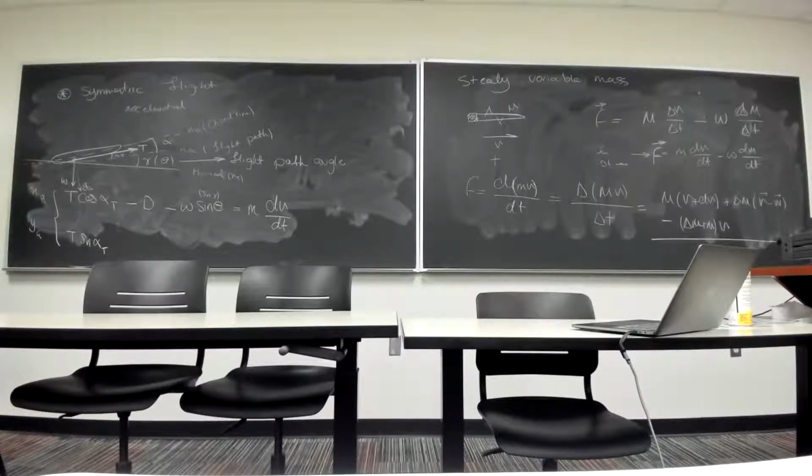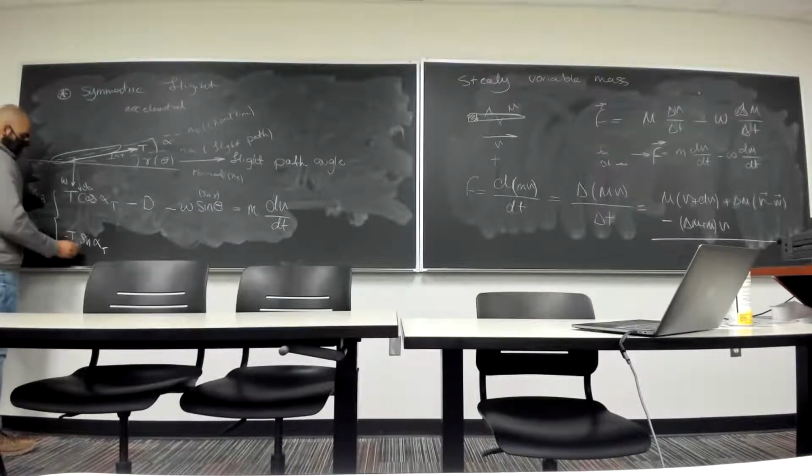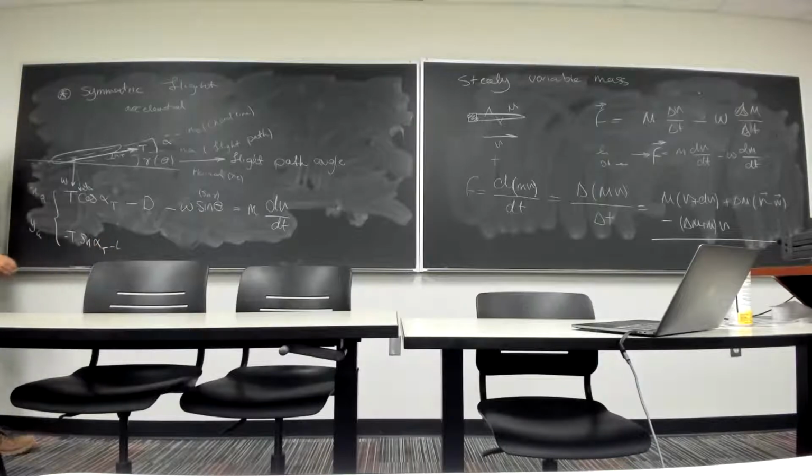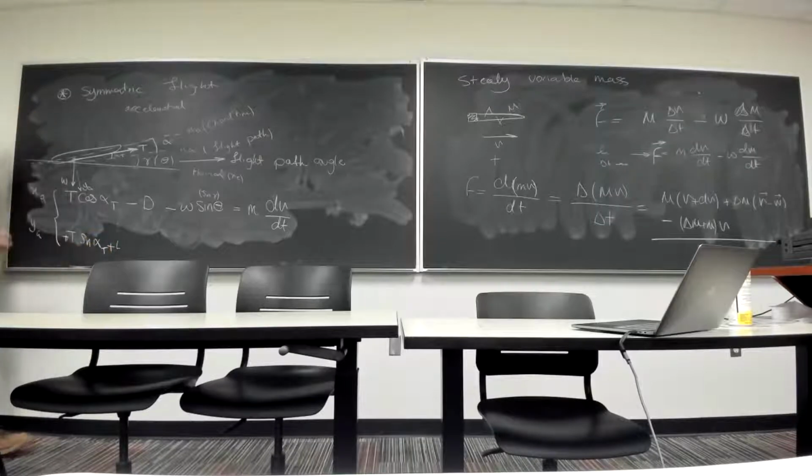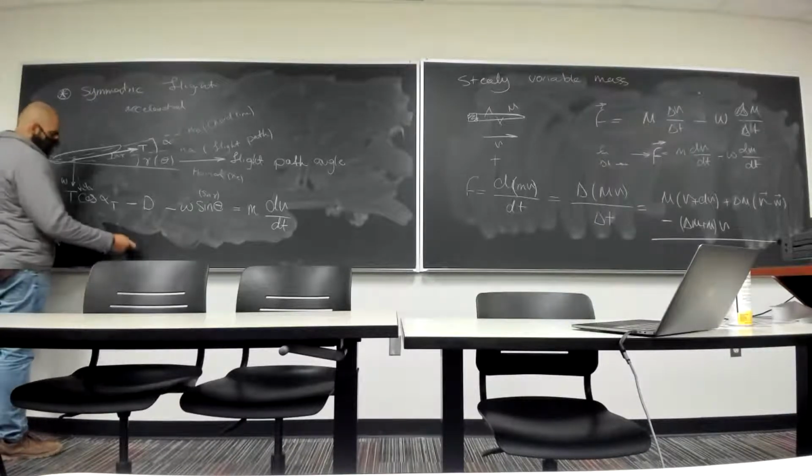It really depends on how you're looking at it. If you're going to do minus lift, then these have to be minus as well. If you want to do plus, the point is they have to be in the same direction, and your weight has to be in the opposite direction. So what other component do we have here?